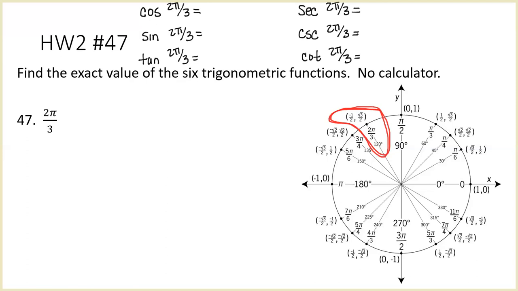Now, keeping in mind that cosine is x and sine is y, I automatically know my cosine and sine, so I can fill those 2 in right away. So the cosine is -1/2, and the sine is positive √3 over 2.